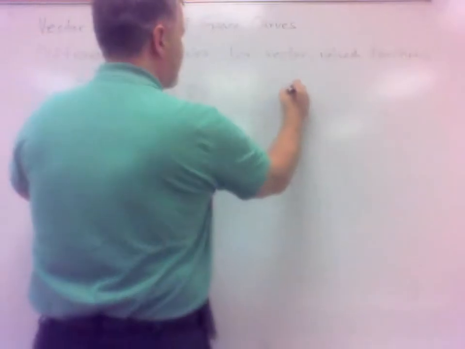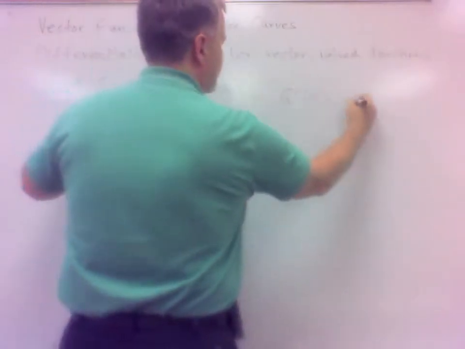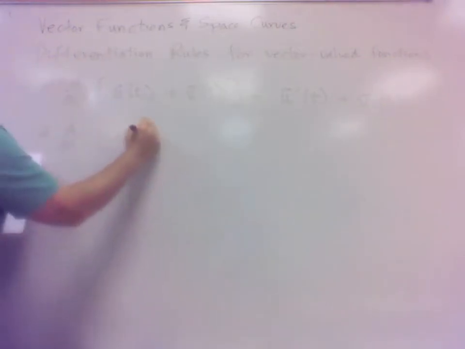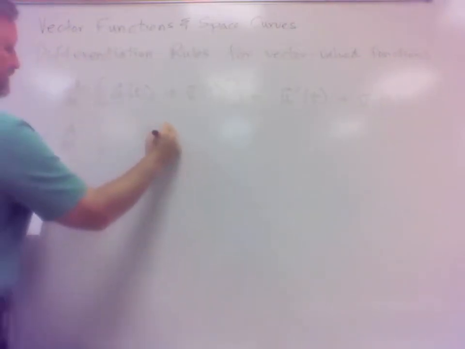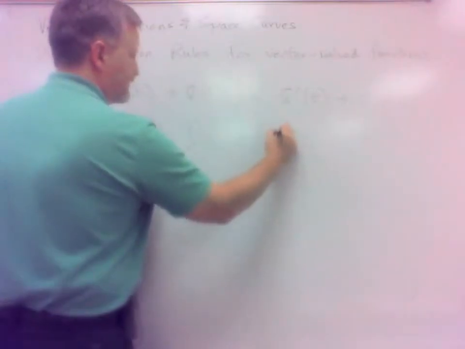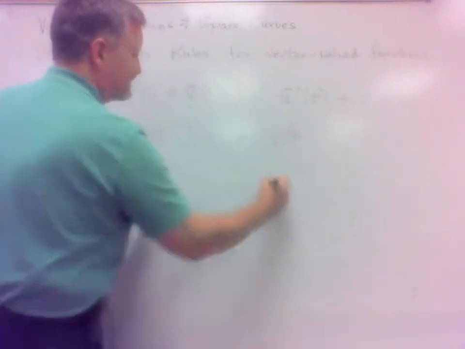Just do u prime plus v prime, which also would include our minus. And then if we have a constant times our vector, well, you can do it different ways, I guess, but you can just take the constant times the derivative.